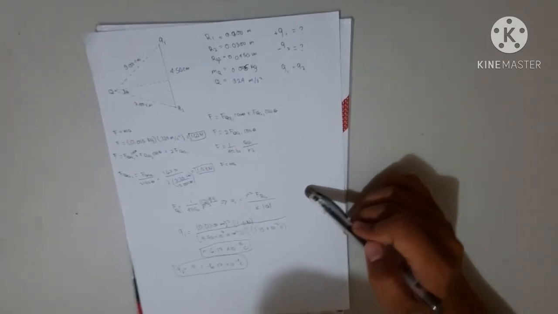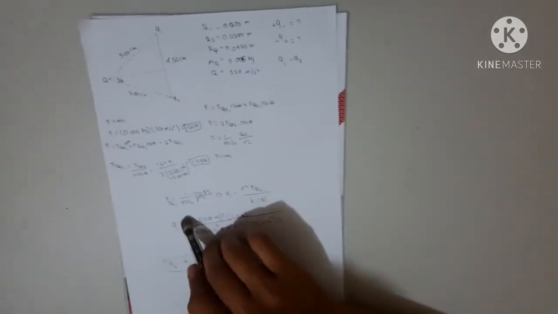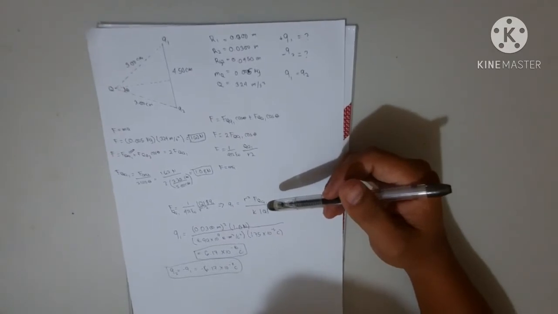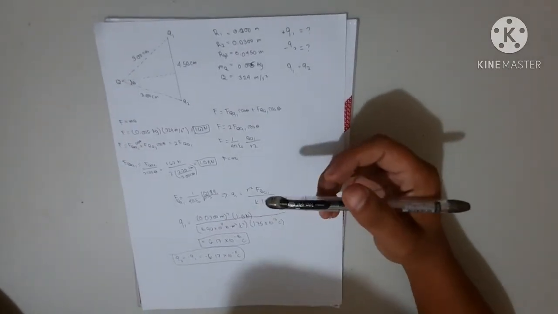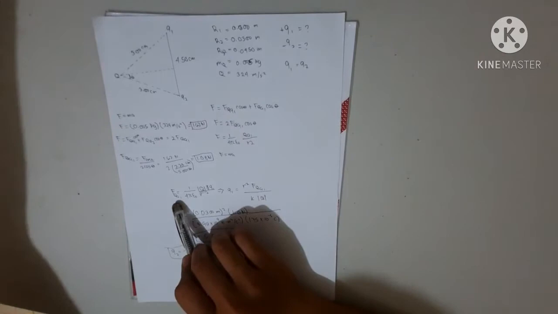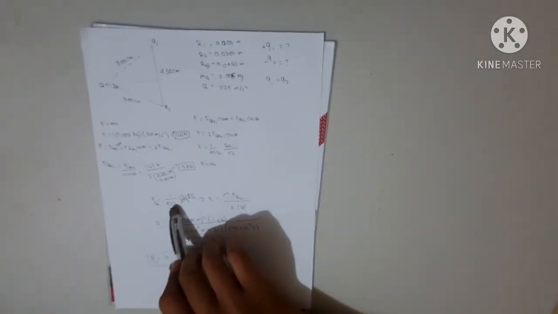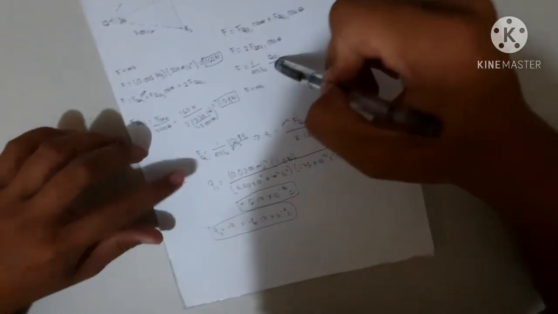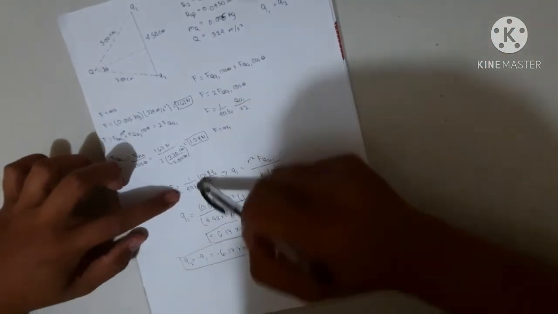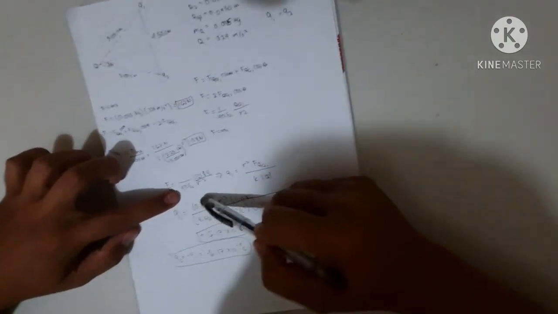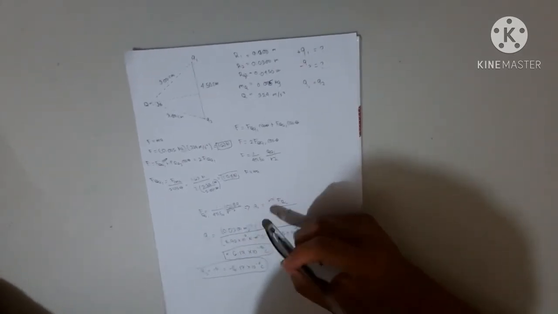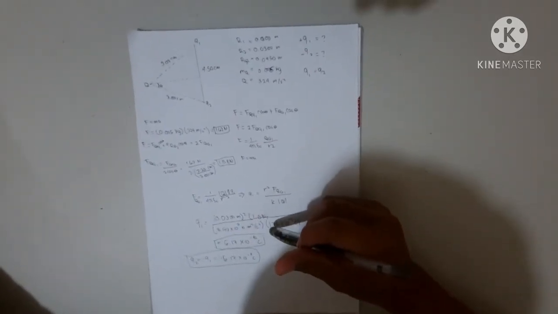So the force on Q from Q1 is equivalent to 1 over 4 pi epsilon naught multiplied by the magnitude of q times q1 over r squared.